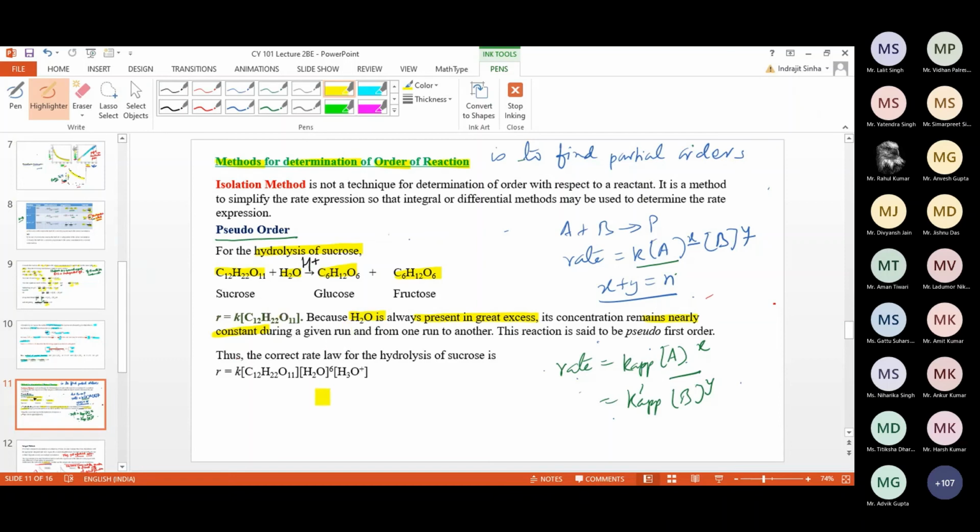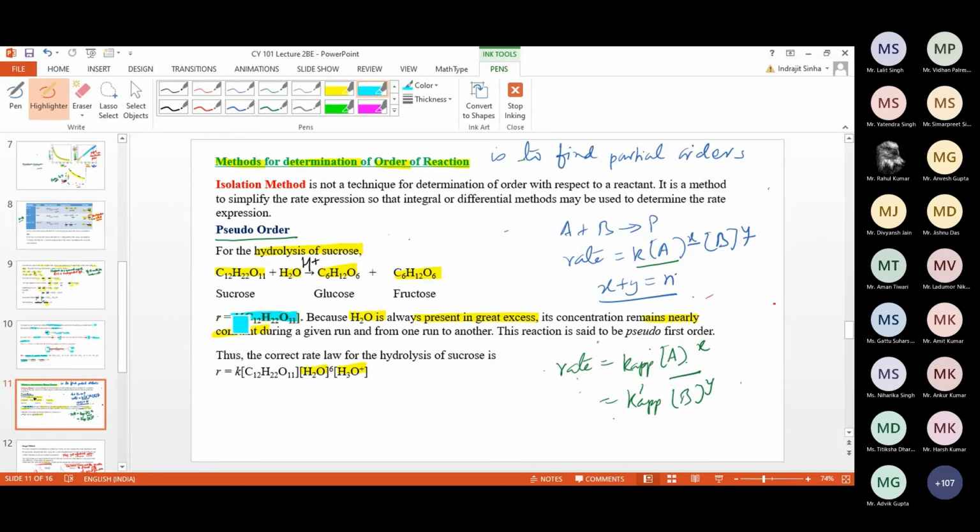So the correct rate law for this particular reaction has H2O raised to a power, and this. But instead of that, you get access to this pseudo rate law, highlighted in blue. It is called the pseudo rate law.